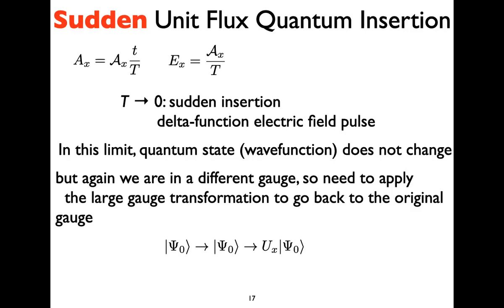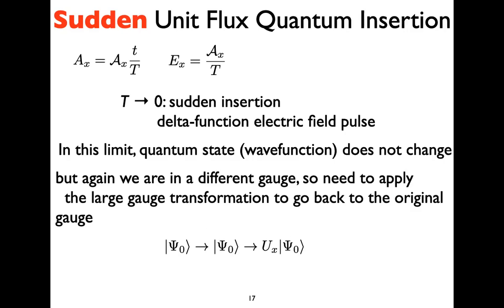That is, you start from zero flux and suddenly switch on the flux. That can be formulated using the same linear increase of the vector potential, but by taking this time capital T to zero. In this limit it becomes a sudden insertion, and physically this corresponds to a delta function electric field pulse.